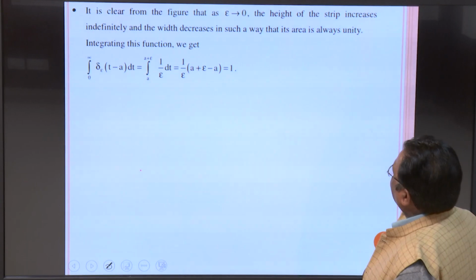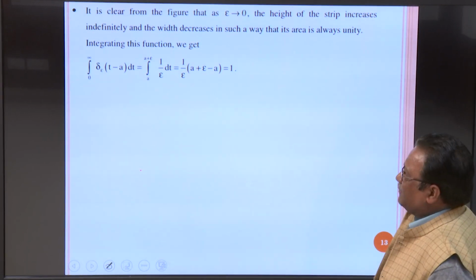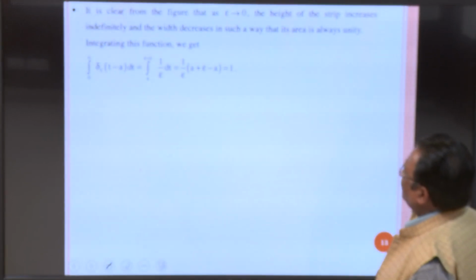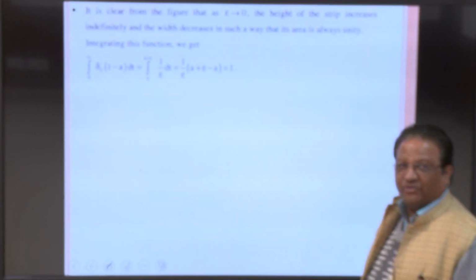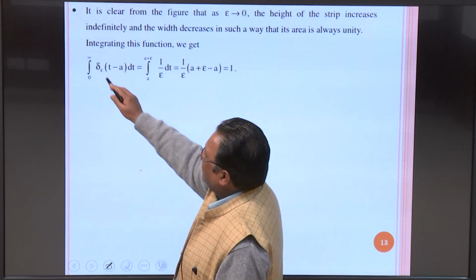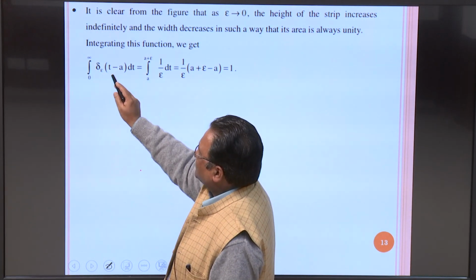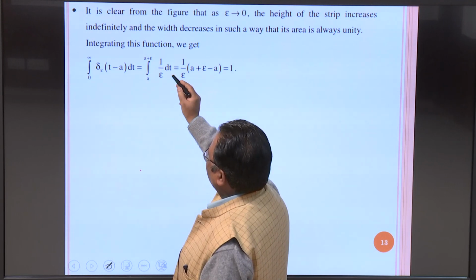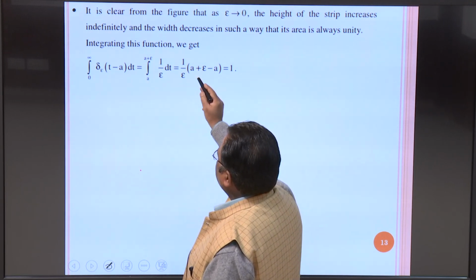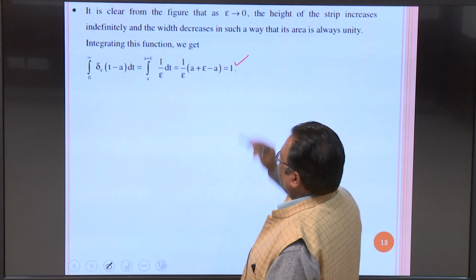The length of the strip increases indefinitely and the width decreases in such a way that its area is always unity. How? Integrating this function, the integral from 0 to infinity of δ_ε(t − a) dt equals the integral from a to a + ε of 1/ε dt, which is (1/ε)(a + ε − a), and we get 1.